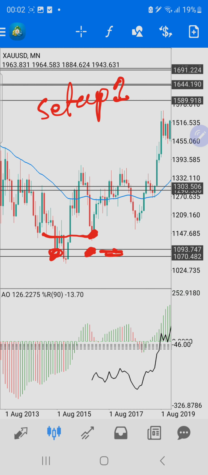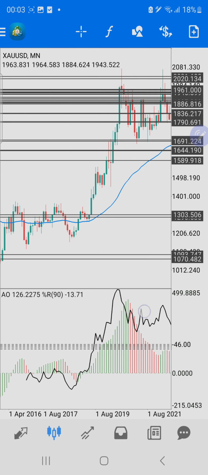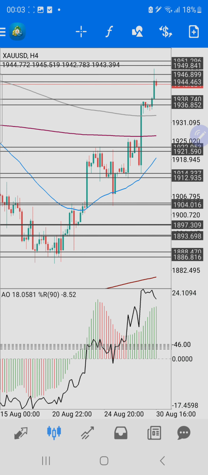That means this area is still fresh, and next time we can expect a buy, even to this level it can come. So it's still a buy. Even if you have a big lot here, you won't regret it. If we go over today's charts, we will see setups number 1 and 2 frequently.